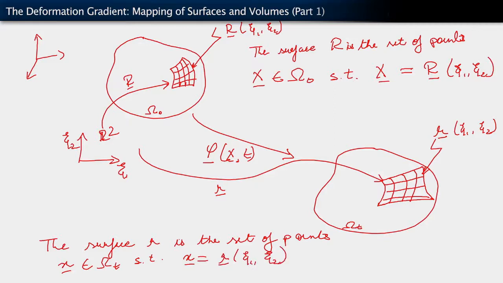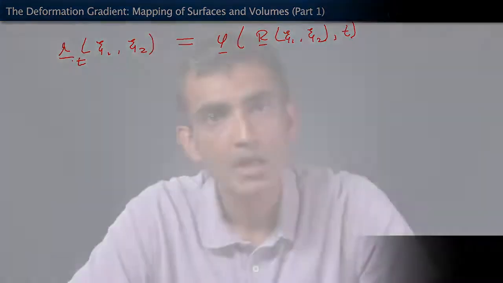All right? Okay. Right. And then we also know, just as we saw in the case of the curve, that r of xc1 comma xc2 is simply phi of capital R of c1 comma c2 at time t, and the fact that we are at time t is indicated by putting a subscript t on the left hand side. Okay, so we have all this.